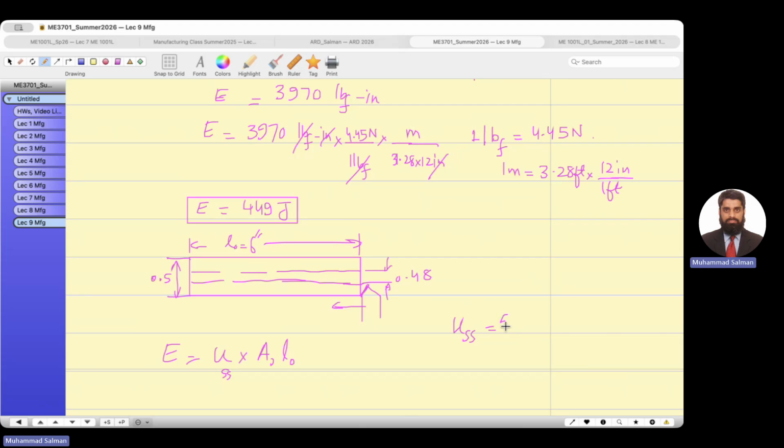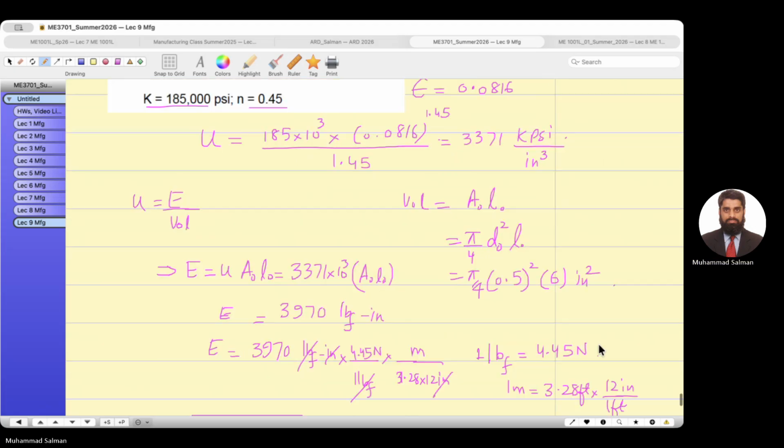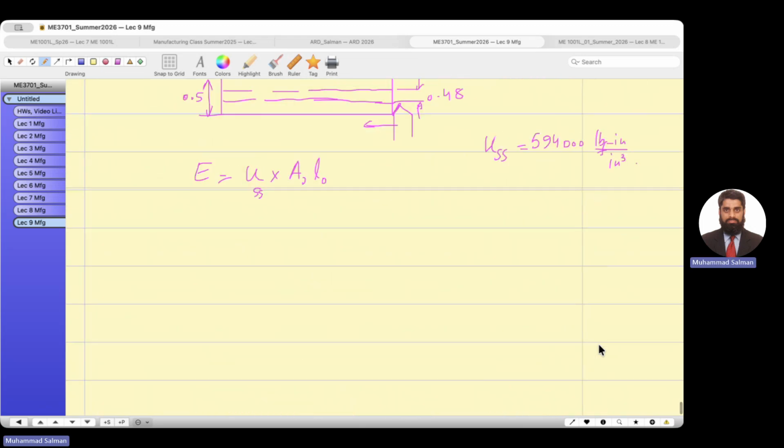It is 594,000 pound force inch per inch cube. This is not given here. Yes, let me share with you.